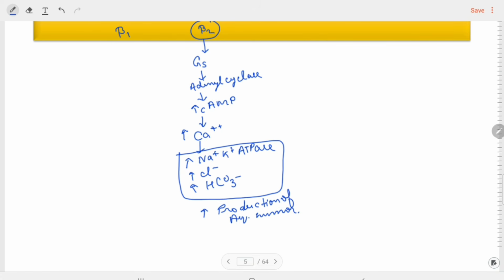So whenever beta 1 or beta 2 is activated, through the Gs subunit, the mechanism is the same. They both lead to the production of aqueous humor.